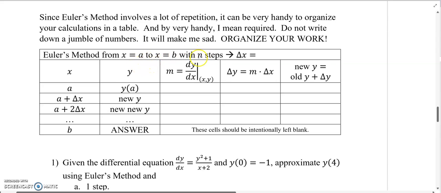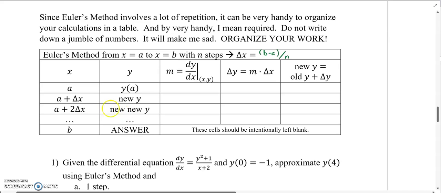If each of the n steps are equal size, we divide that entire interval by n subintervals. So each subinterval, our change in x, is that same b minus a over n that we've already seen in the area problems.